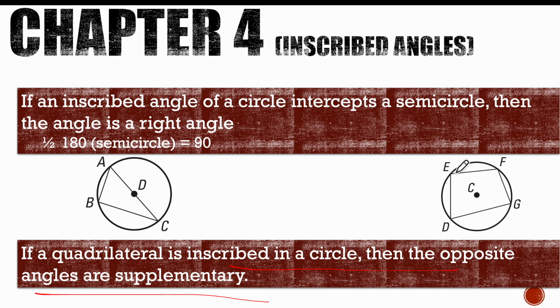Any quadrilateral which you can form within a circle, the opposite angles, this plus this, would be 180 degrees. And angle D plus angle F would also be 180 degrees. They are supplementary. So angle E plus angle G is 180 degrees.